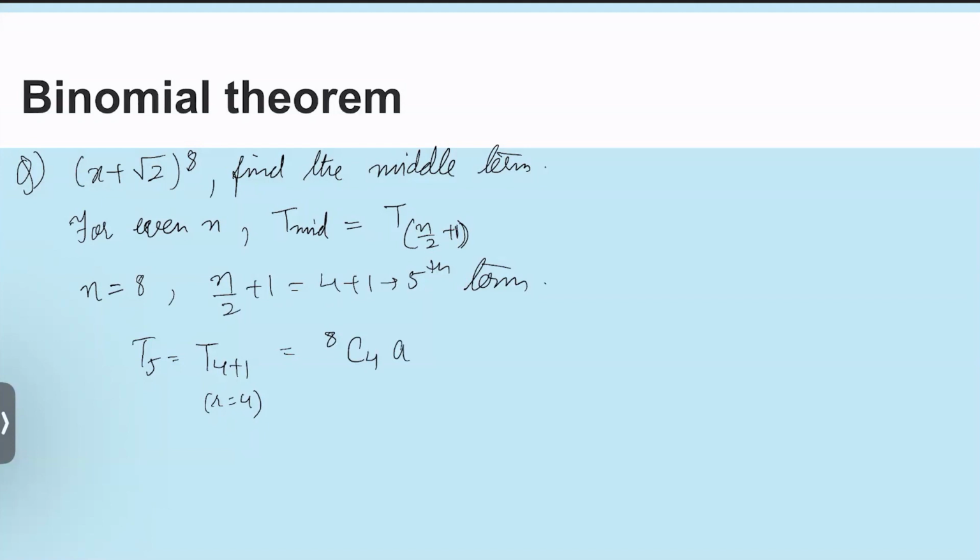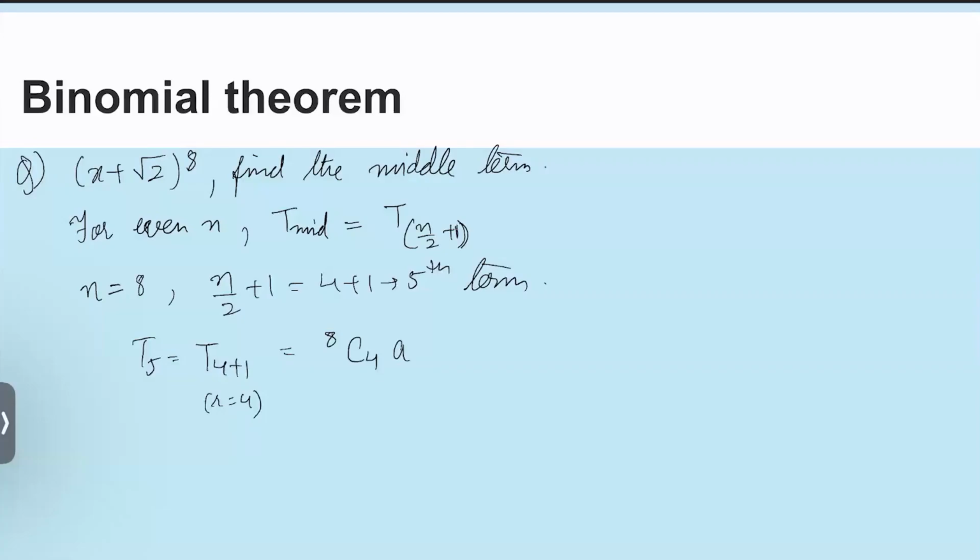We will just substitute what is there. So you will have 8C4, x raised to 8 minus 4, and root 2 raised to 4.